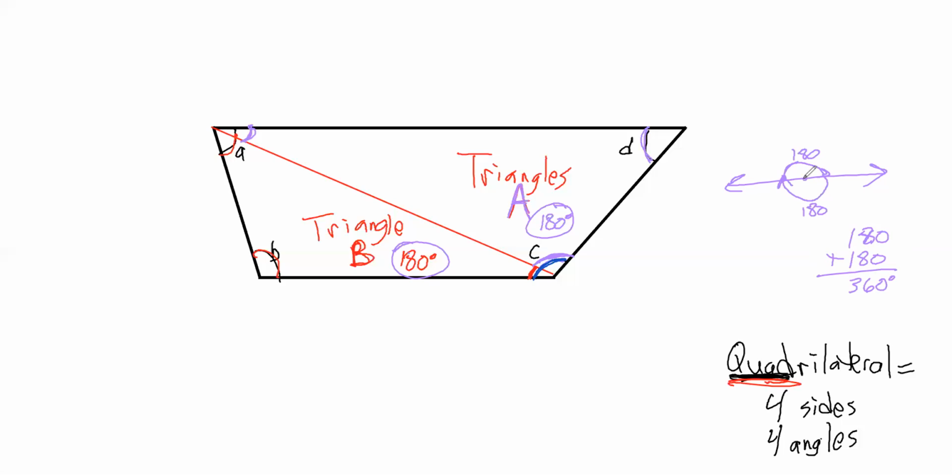We've basically created an entire circle. So this triangle added to this triangle is 360 degrees, which means that the angles of a quadrilateral all added up should give us 360 degrees. And that's really the theory behind triangles and quadrilaterals.